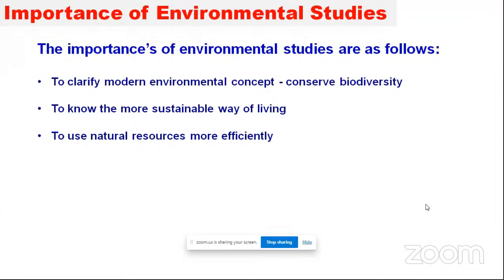The third one is, we have to use natural resources very efficiently. Now I should talk about resources. What is a resource? Resource is an economical term. Resource is defined, economically or in a technical manner, as something where the demand is very high but the supply is very less.